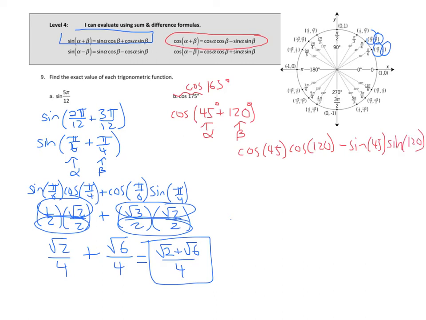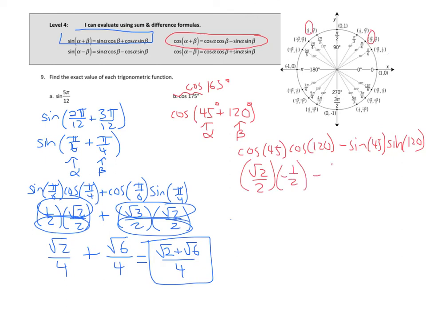Now I evaluate. Cosine of 45 is radical 2 over 2. Cosine of 120 is negative 1/2.